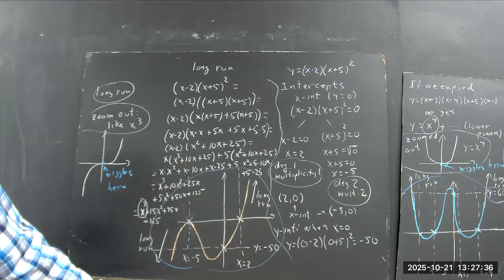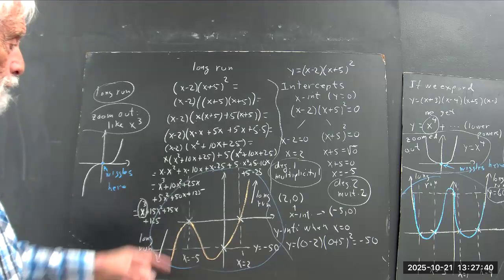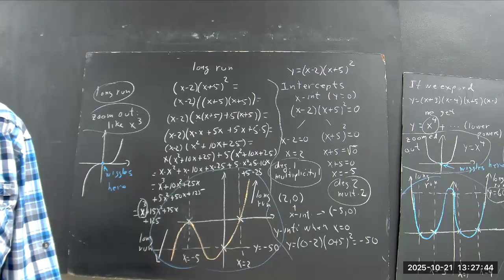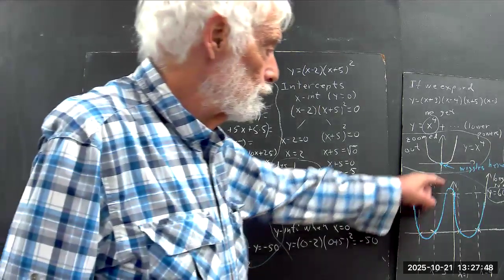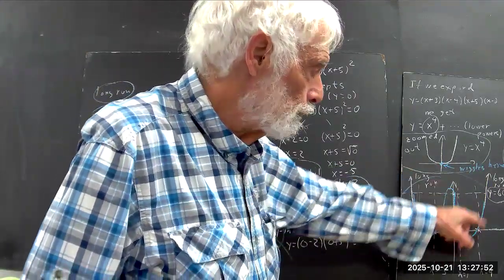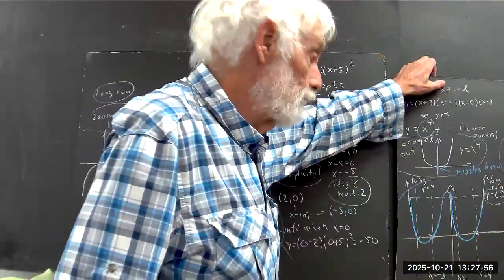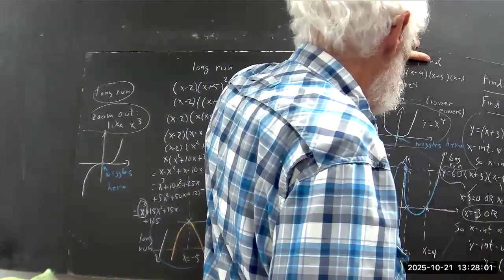Now, this graph wiggled twice. This graph wiggled 3 times. In other words, it turned around here, turned around here, turned around here. We said there are three turning points on this graph, which might not be all that visible.